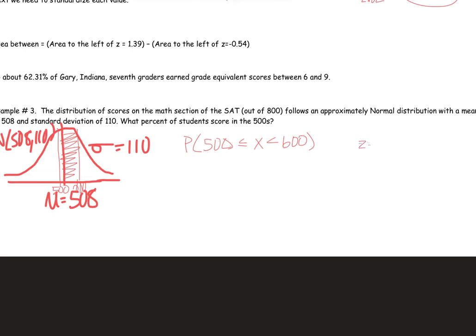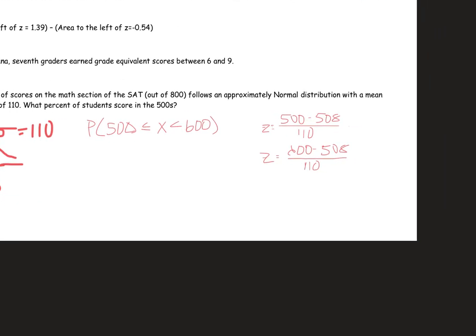We've got our 500. So let's do that one first. 500 minus 508 divided by 110. And then we've got our z-score for 600: 600 minus 508 divided by 110. By the way, finding it for 500 to 599 would result in a different answer.